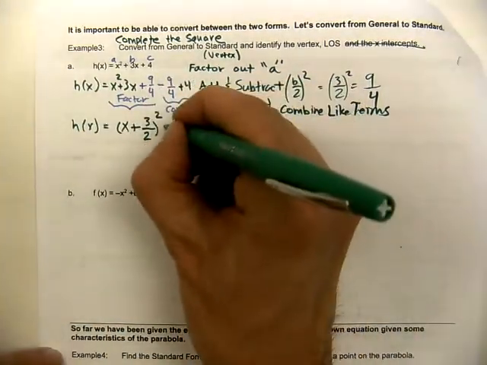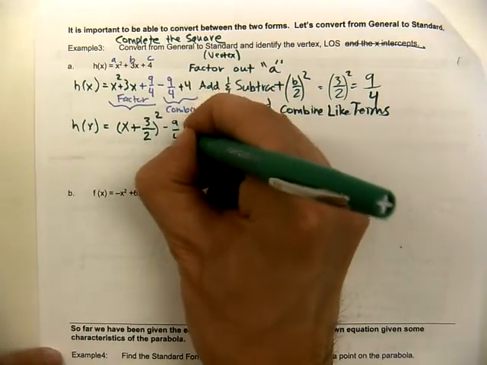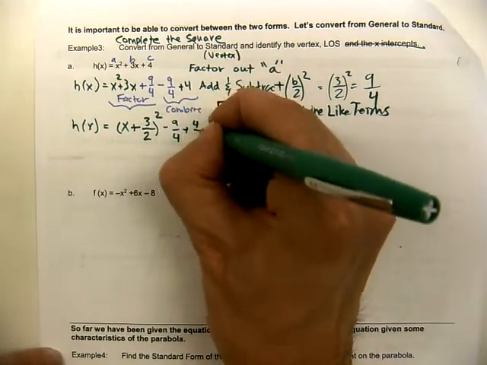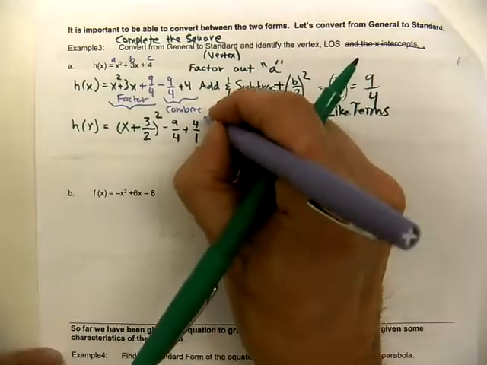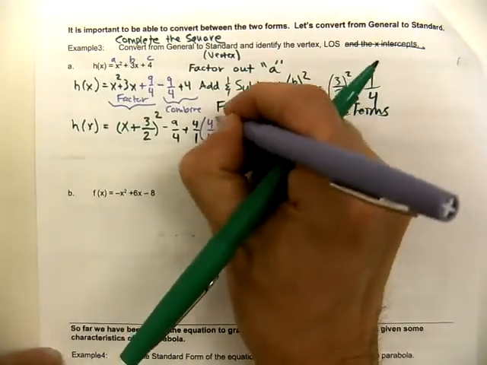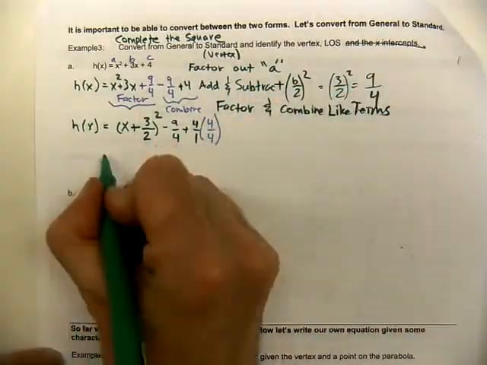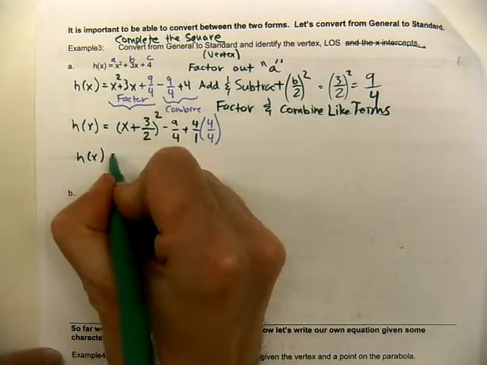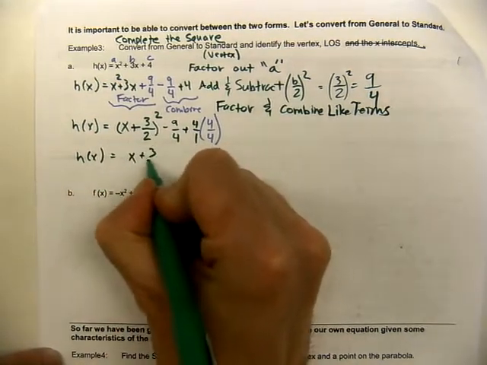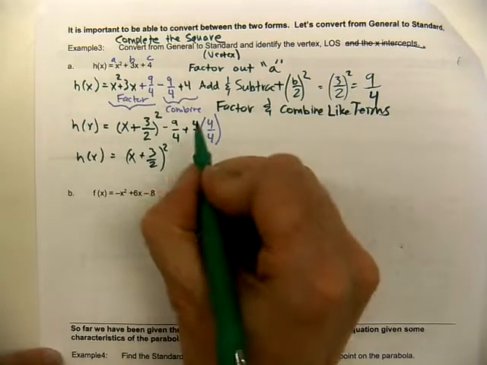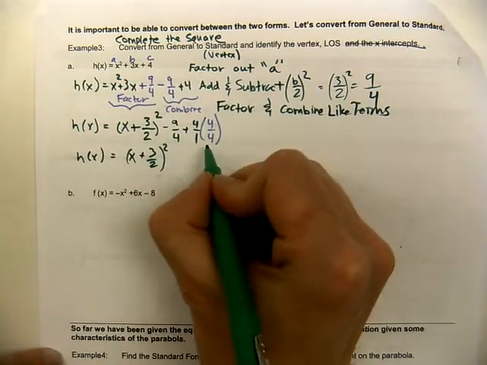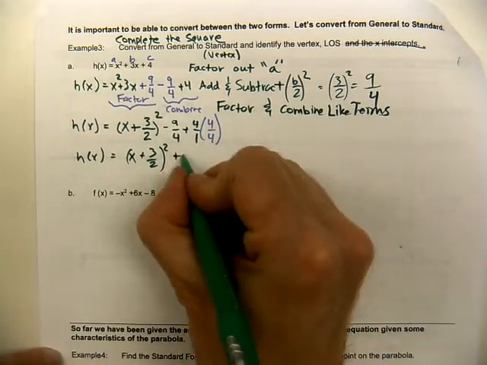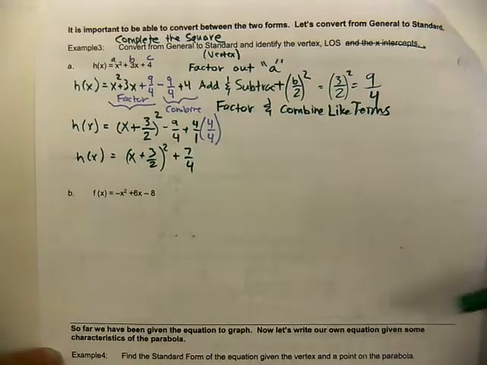Here, combining like terms, we need a common denominator of 4. So we're going to take a moment and multiply that 4 by 4 over 4. So we have a common denominator of 4. So here we have a negative 9/4 plus 16/4, and that gives us a result of positive 7/4.